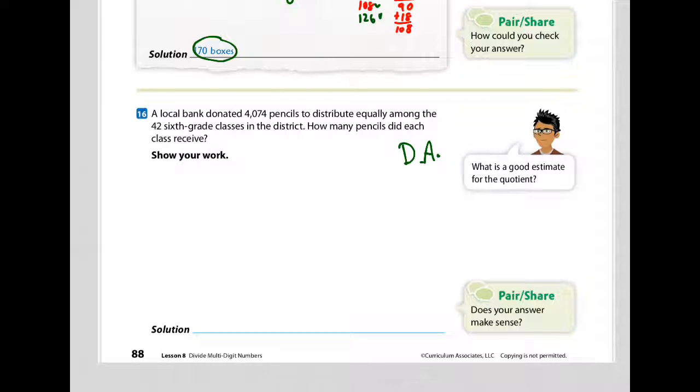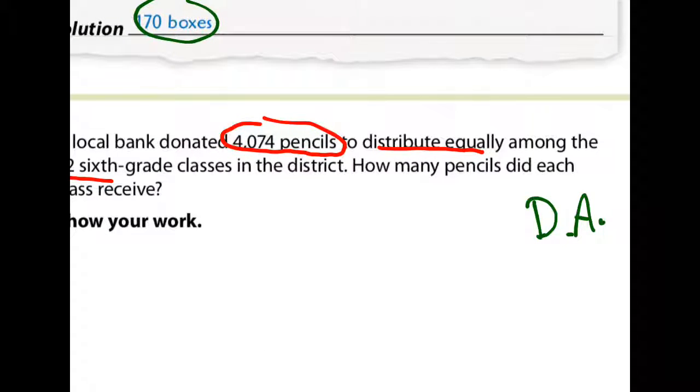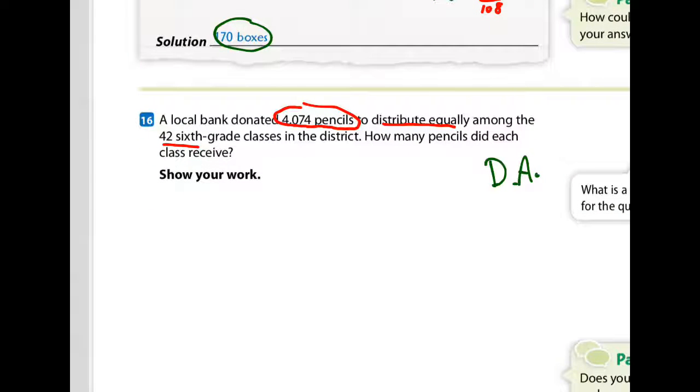All right, so let's go over number 16. It says, a local bank donated 4,074 pencils to distribute equally among the 42 6th grade classes of the district. How many pencils did each class receive? So when you see distributed equally, that means they are splitting up those 4,074 pencils into equal groups.